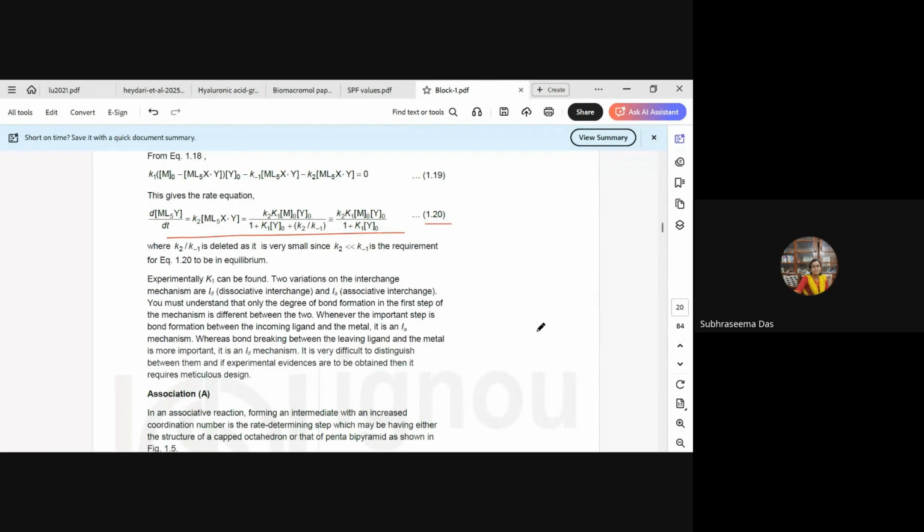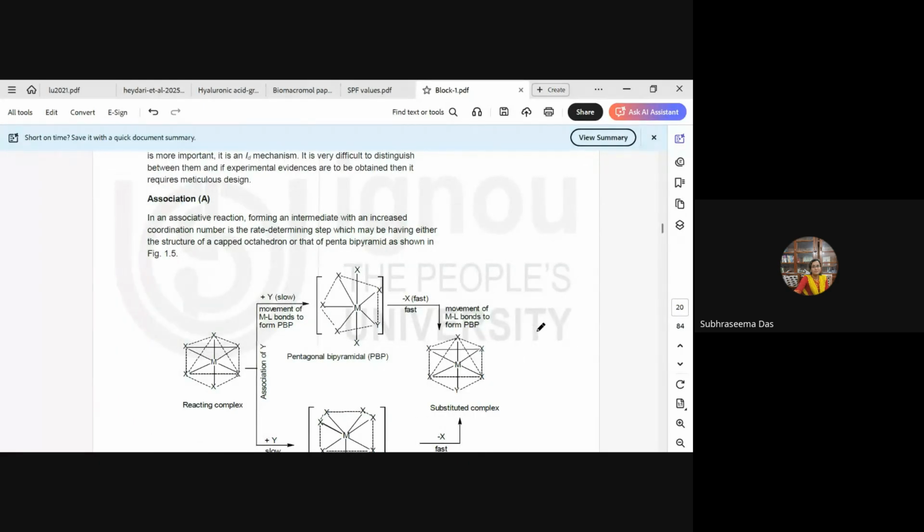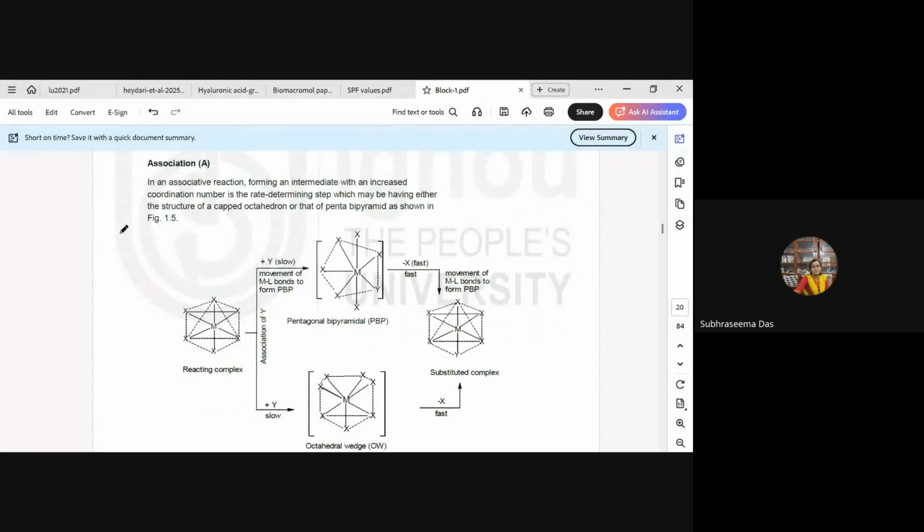Experimentally k1 can be found, but there are two variations of the interchange mechanism, Ia and Id. It is very difficult to distinguish between them experimentally.